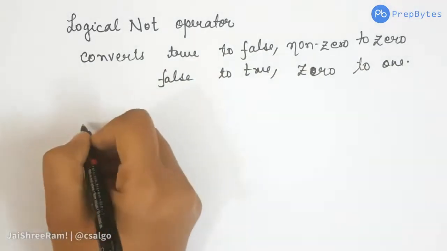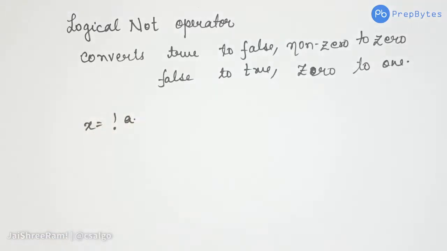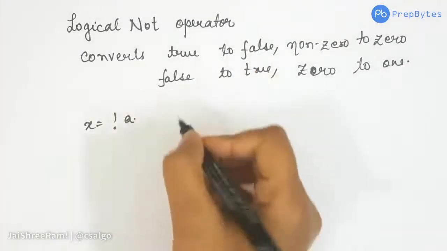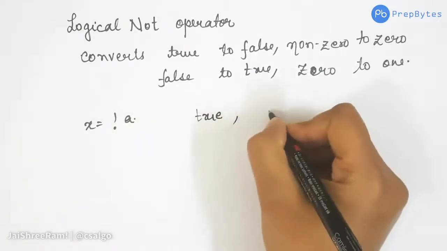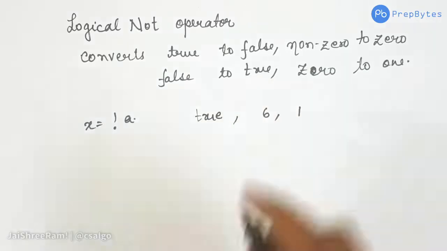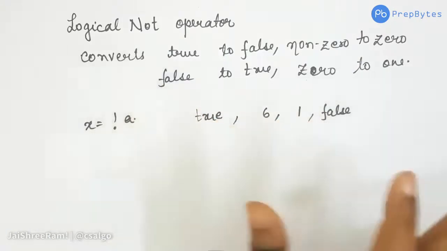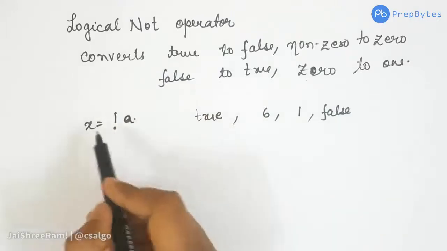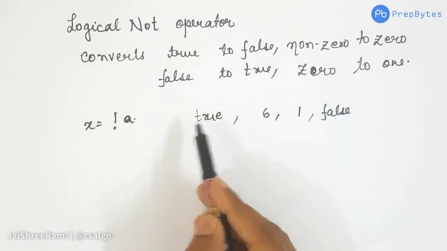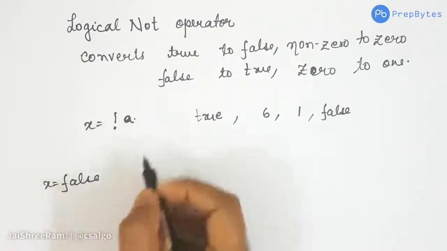So the use case of the logical NOT operator generally goes like this. Let's say I write x equal to not A. This is how we use a logical NOT. Here A could have several values. A could either be true, or let's say A has the value 6 or 1, or A could have the value false. These are the probable values of A. So let's see what happens in the case of logical not A. If A is true, we get the value of x as false after this operation.